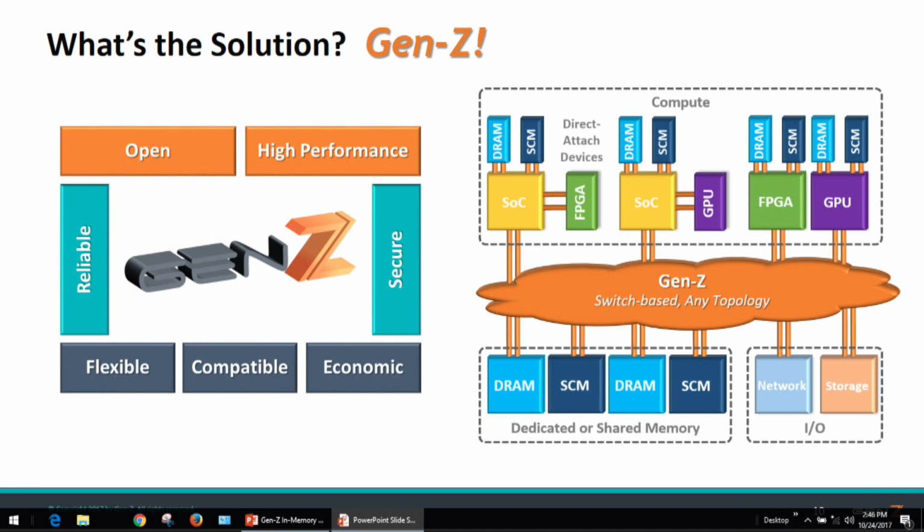Gen Z is an open interconnect standard. It actually was public a year ago this month, a little bit earlier than this day. It allows you to attach any type of component to any type of other component. It could be memory, I/O, FPGA, GPGPU, DSP, you name it, you can attach it. It can be done in a point-to-point topology within a co-packaged solution, within a single enclosure, within a rack scale.